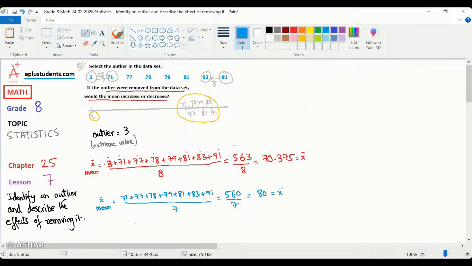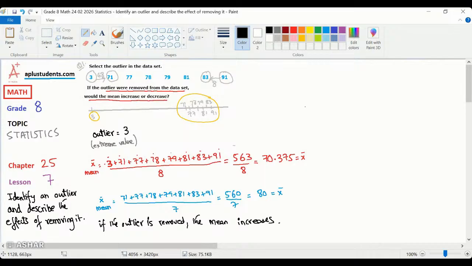So the impact of removing an outlier on the mean is that, in this case, the outlier was a minimum value. Remember that. The mean increases.